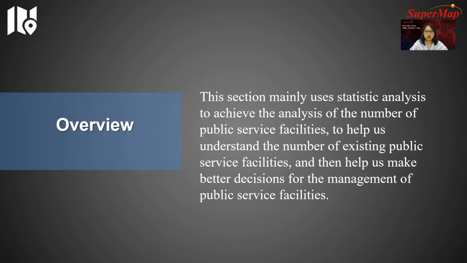In this part, we mainly use the statistic analysis to analyze the number of public service facilities, to help us understand the number of existing public service facilities and their distribution, which can help us make better decisions for the management of public service facilities.